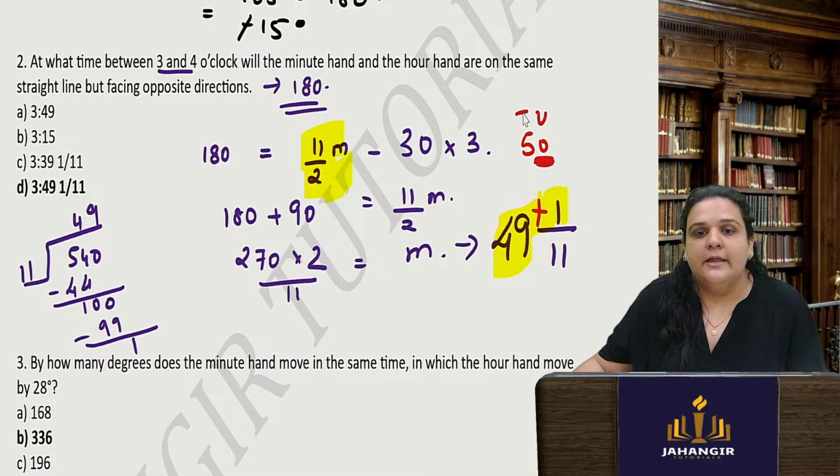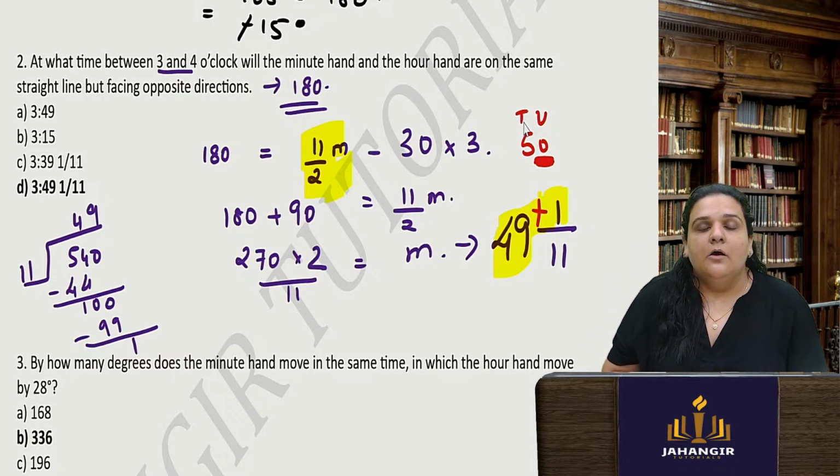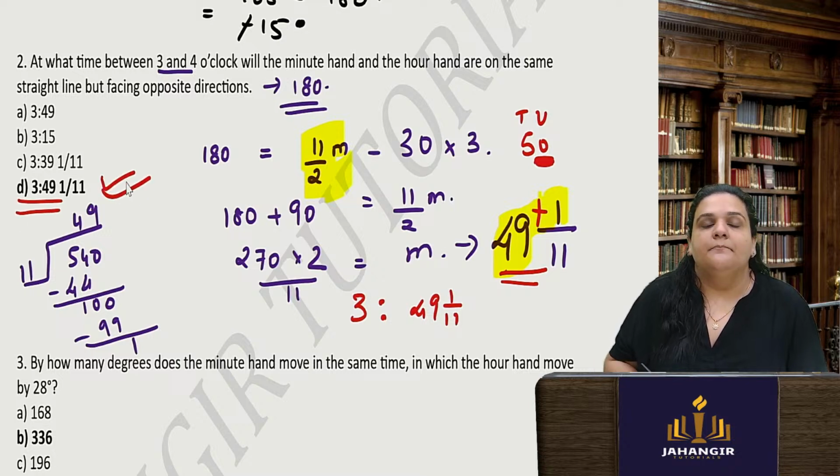Units, tens, hundreds, we did that when we were very little. So this is going to be your minute answer. So basically it will be 3 hours 49 1 by 11 minutes. So here is your answer, option D.